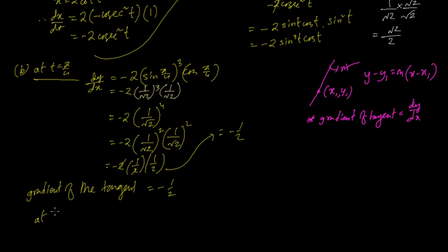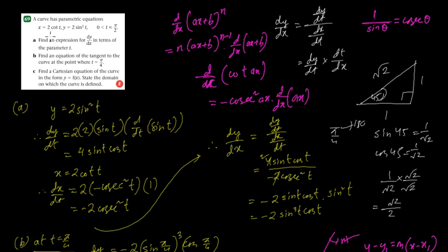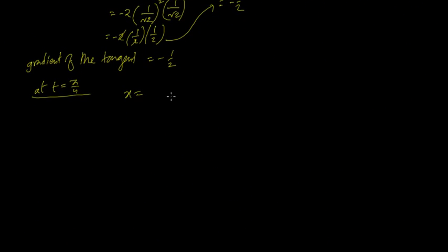So again, at t equals pi by 4, we need the value of x. Now x equals 2 cot t. We know the identity cot t is cos t divided by sin t.